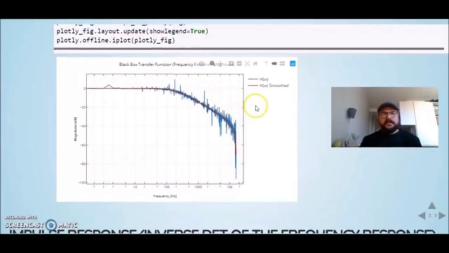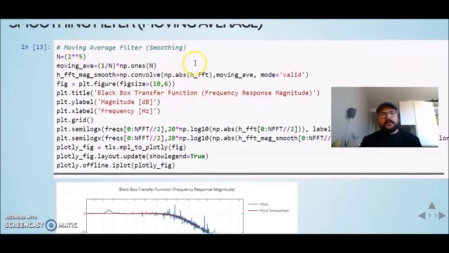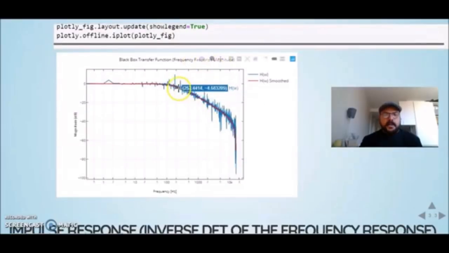So the red is a smooth version, where I applied a moving average filter with 32 points, and we can see around 200 Hertz we have minus 3 dB. So we could say that maybe this is a low-pass filter with a cutoff frequency of 200 Hertz.